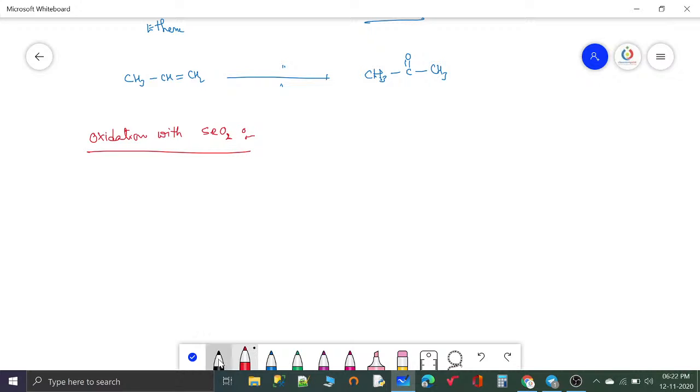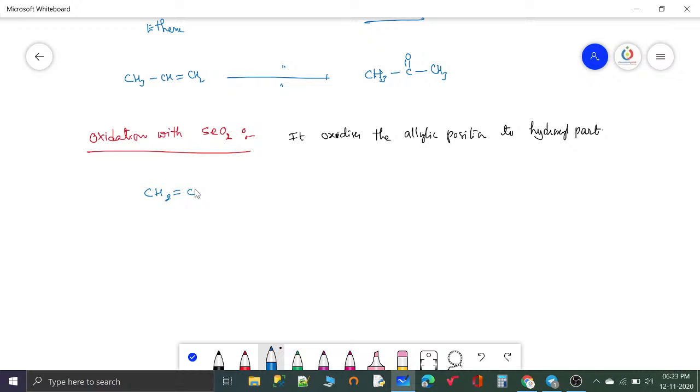The use of this selenium dioxide is that it oxidizes the allylic position to the hydroxyl part. We shall take some examples here.